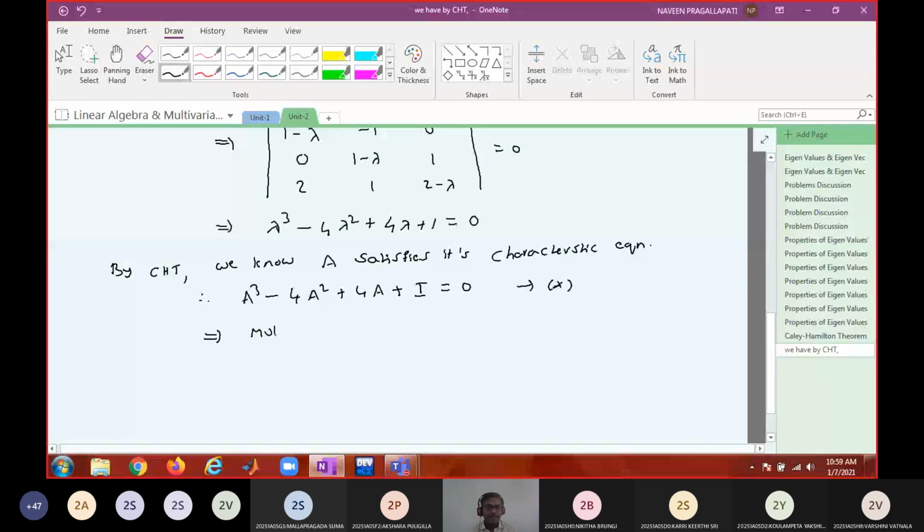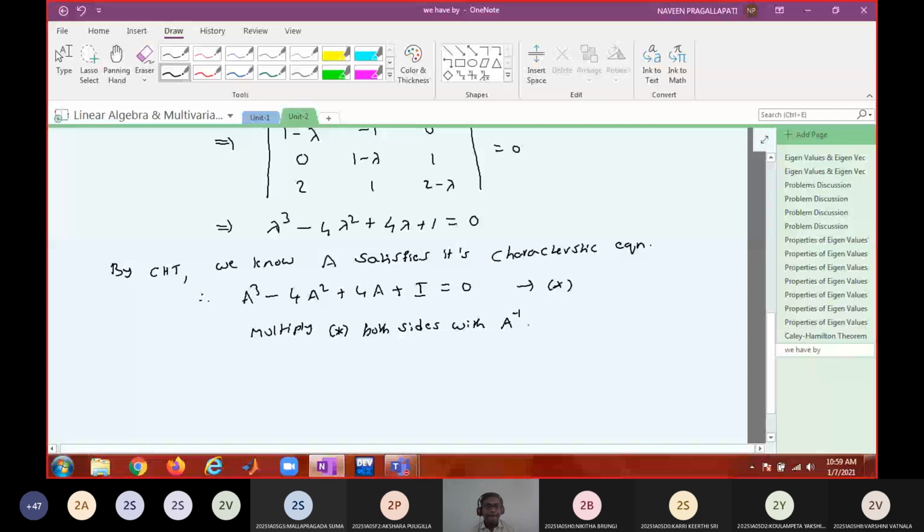Multiply star both sides with A inverse.